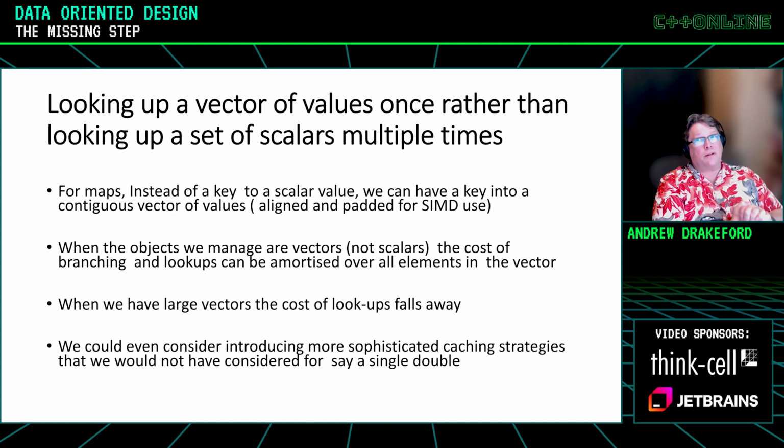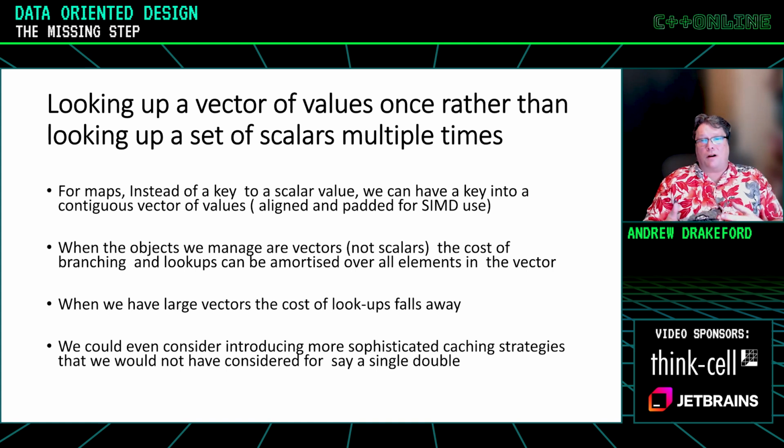If we look up a vector of values only once, rather than looking up a set of scalars multiple times, we can save a lot of time and energy. So consider, instead of having a map with a key to a scalar value, a map with the same key, but to a whole vector of aligned and padded, ready for SIMD use, primitive values like doubles.